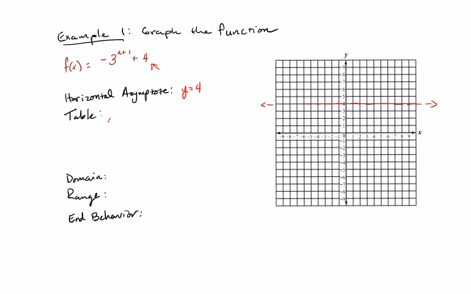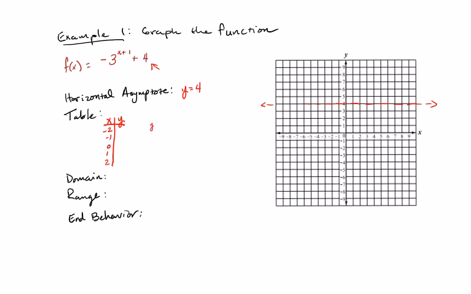Alright, I'm going to just make a table of points if that's alright with you. Probably the easiest thing to do. So let's just pick like -2, -1, 0, 1, 2. Sometimes the numbers can get kind of big and I may not even plot them, but we'll see how it goes. So I'm just going to plug them in to find y values.